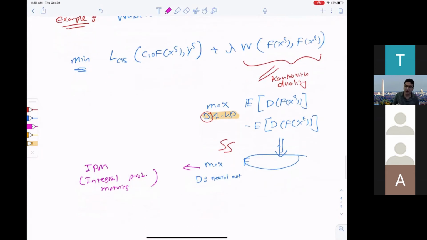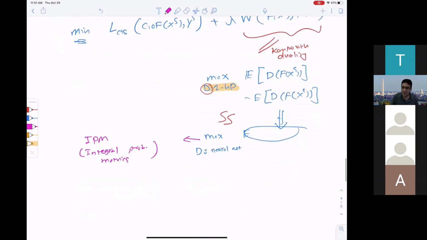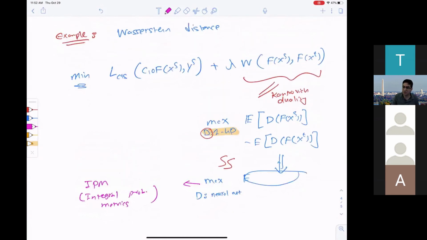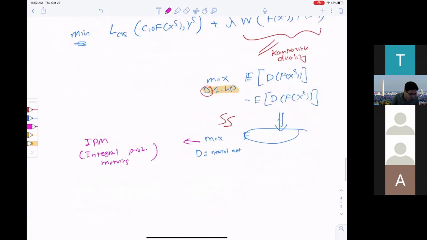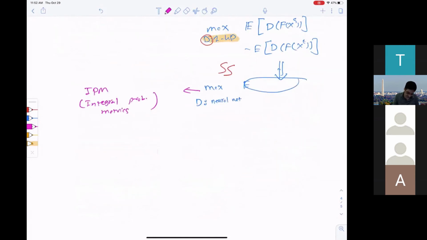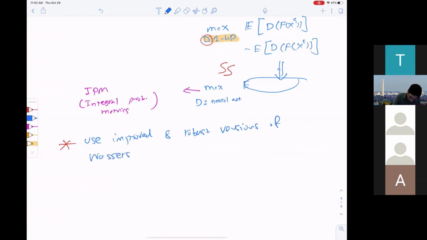Now we are in this business of using different distance measures in order to penalize the source and target embeddings. You can use improved and perhaps robust versions of Wasserstein in domain adaptation.